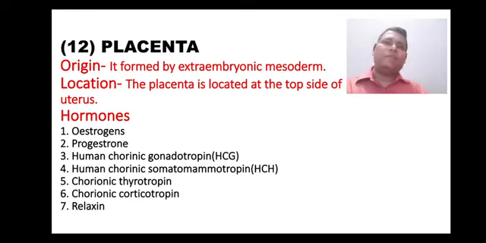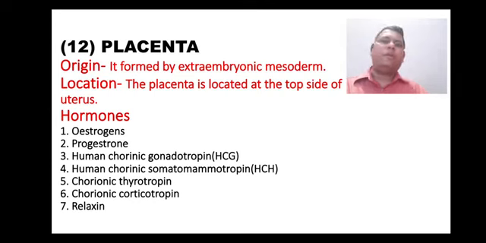However, the placental progesterone also checks contraction of uterine muscles and thus helps to maintain the pregnancy. Number 2, HCG, human chorionic gonadotropin, stimulates progesterone release from the corpus luteum and maintains it.